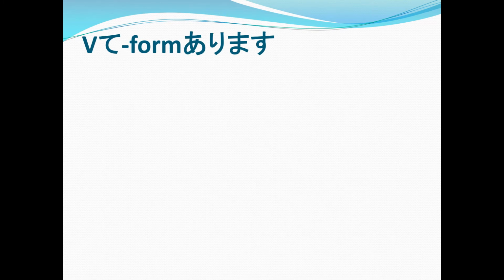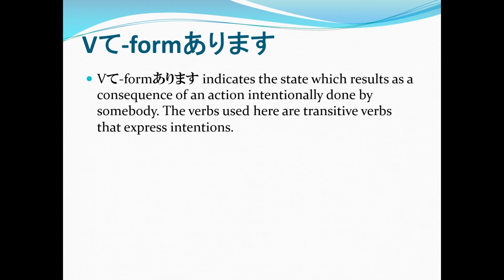The first sentence pattern that I have for you in this video is verb te form arimasu. Again, verb te form arimasu. So what is it used for? What or when can we use this for?